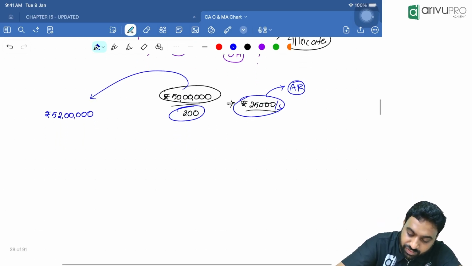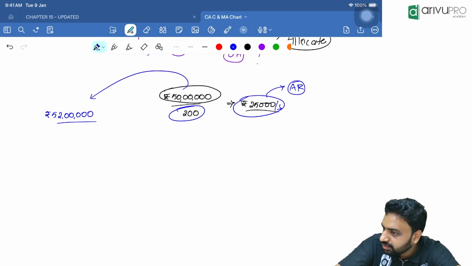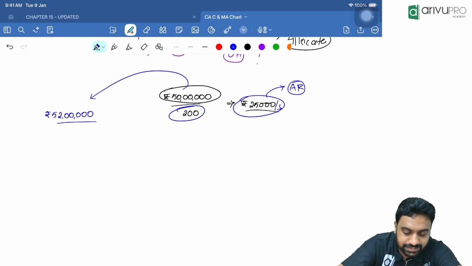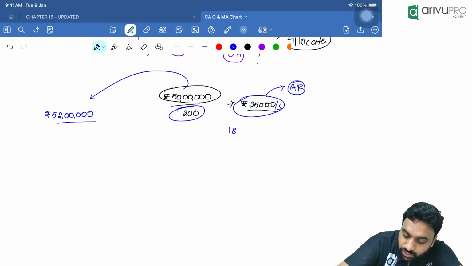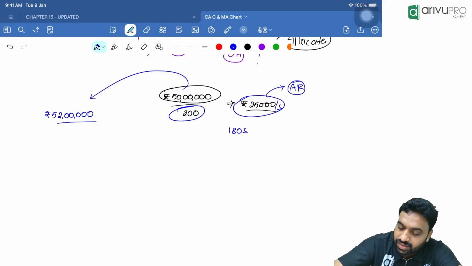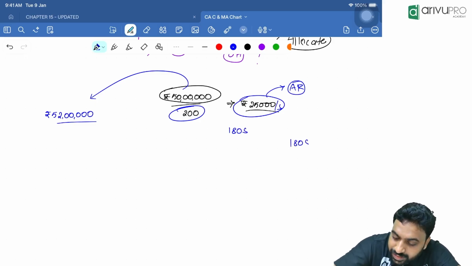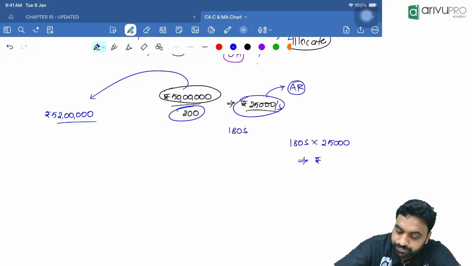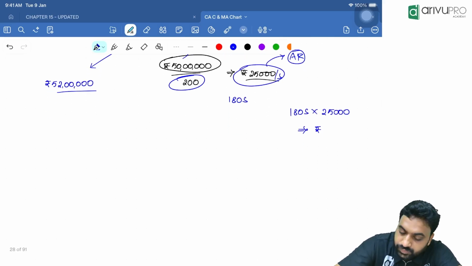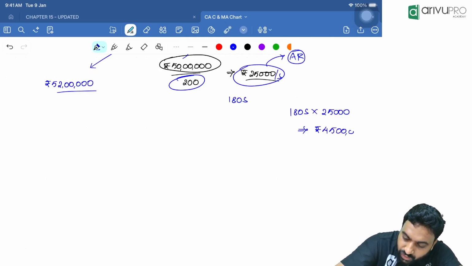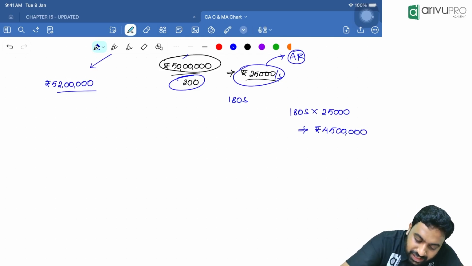Now let's say 52 lakh is our actual overheads. 180 students came. That means how much do we recover, or how much do we absorb? We absorb 45 lakhs. We incurred how much, guys? 52 lakhs.